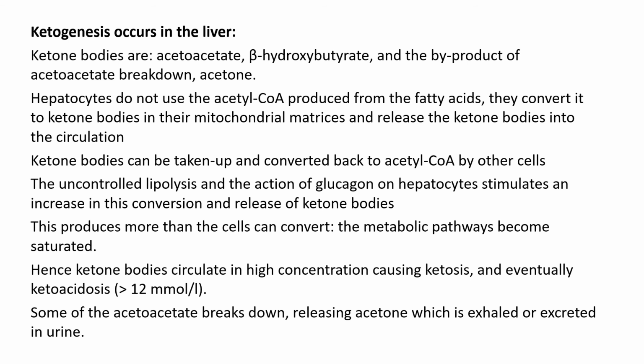In addition, some of the acetoacetate in circulation breaks down, and this releases acetone. And acetone, we don't use, is exhaled, this is where we get the pear drops breath, or excreted in urine. This is where we'll do our dipstick and, oh yes, look, there's some ketones.